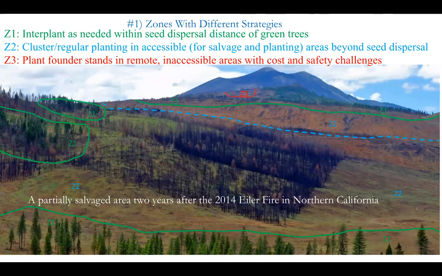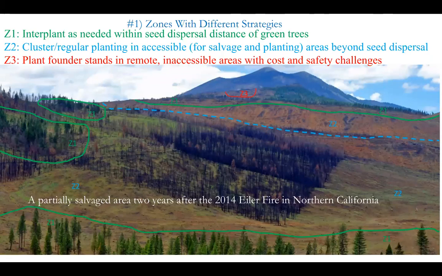Just as one example of how this might work, we suggest 3 zones, the first of which is no to limited planting in areas that are within seed dispersal distance of live trees. So there may be some interplanting that's warranted, but largely the idea would be to let natural dispersal regenerate those areas that have a high likelihood of natural dispersal.